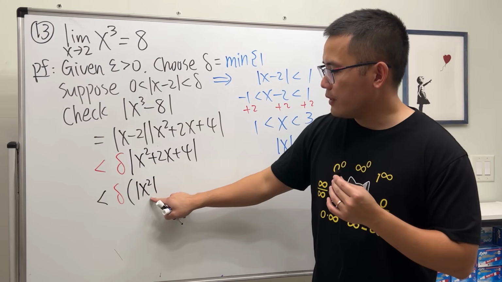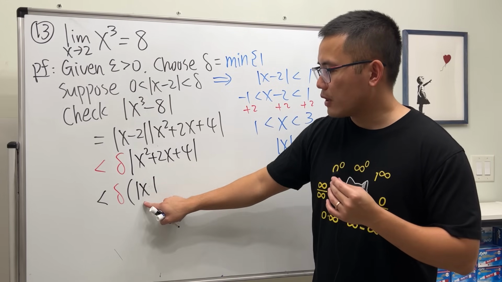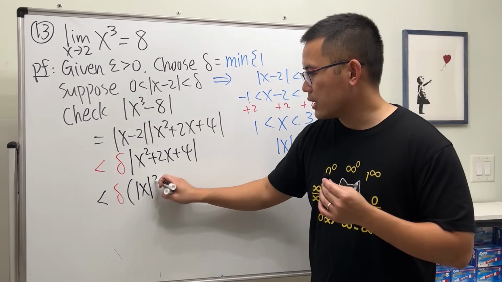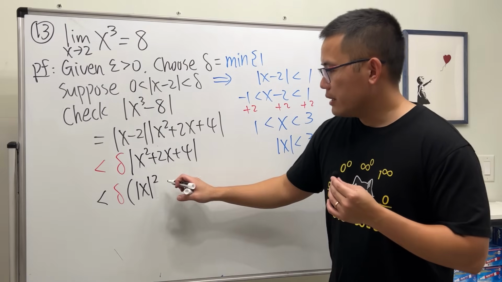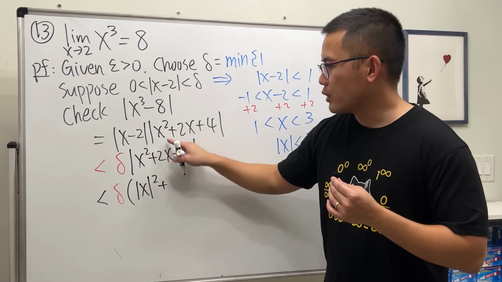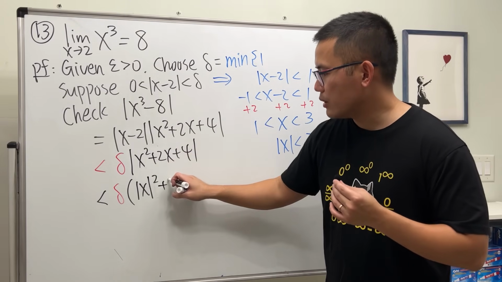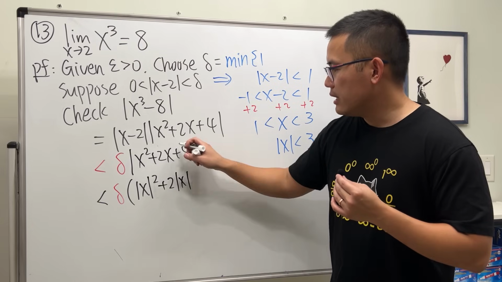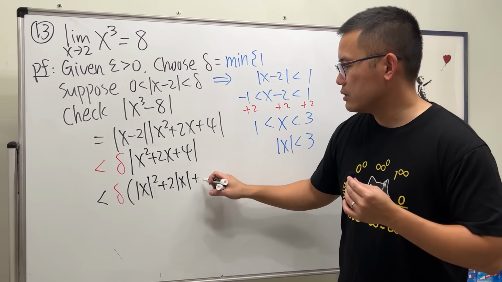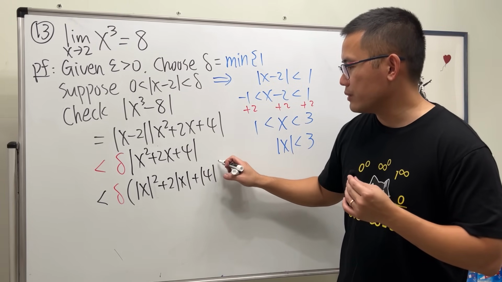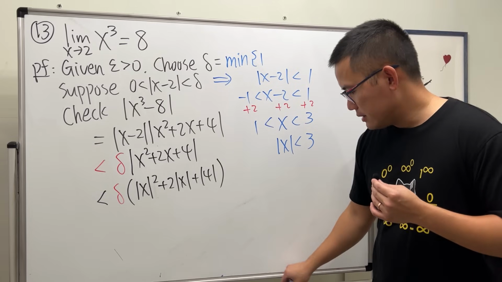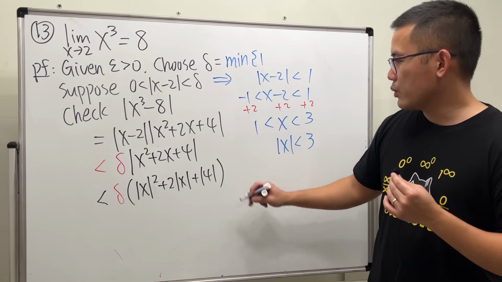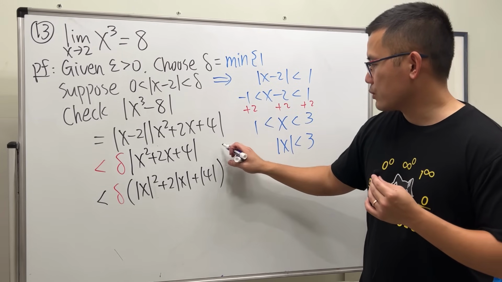But absolute value of x squared is the same as absolute value of x, and then square, so I can put that down like this. Then we add it with absolute value of this. The 2 can be taken out right here. And lastly, absolute value of 4, which is just 4, but I will still keep it as absolute value, like so. And this is the triangle inequality. So I'll just put this down right here for you guys.